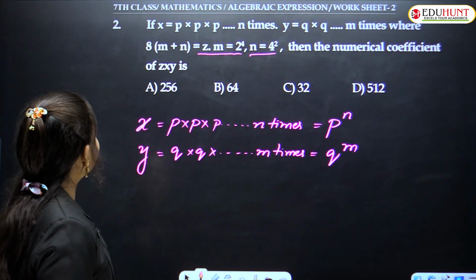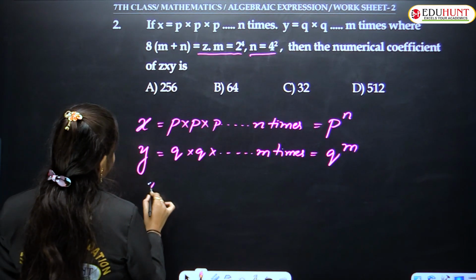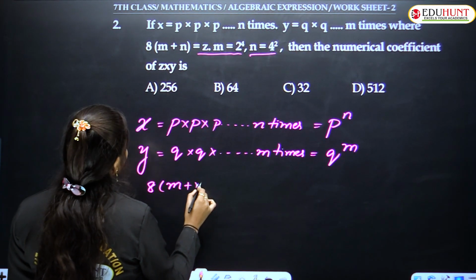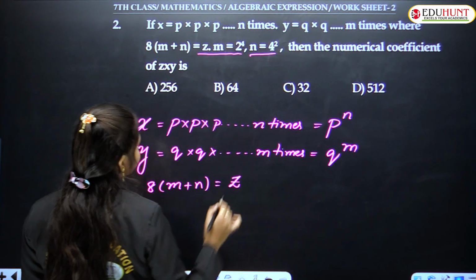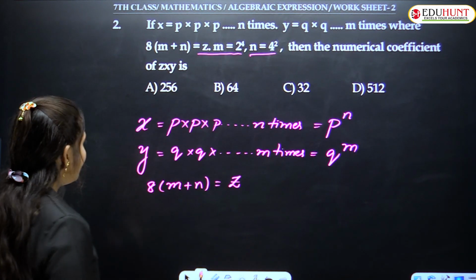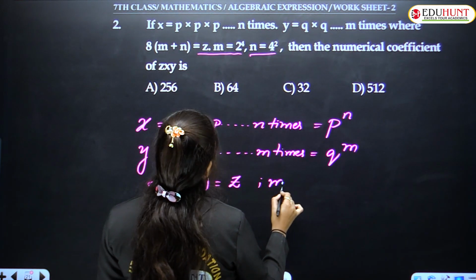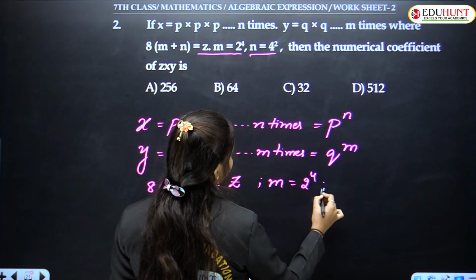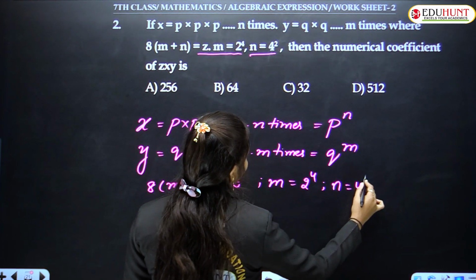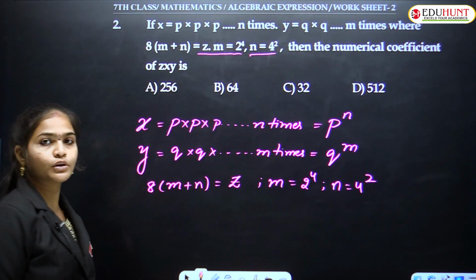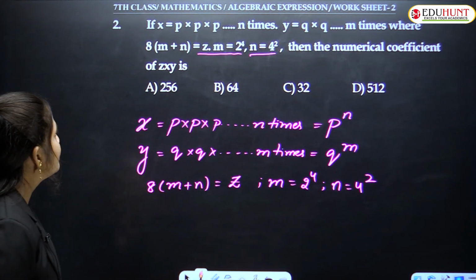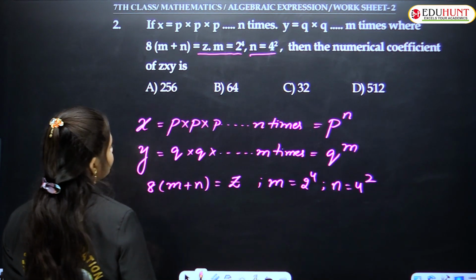Next, what they given, 8 into m plus n is equal to some z. Okay, and in the same way they given that m is equal to 2 power 4, n is equal to 4 square. Now substitute those values here.